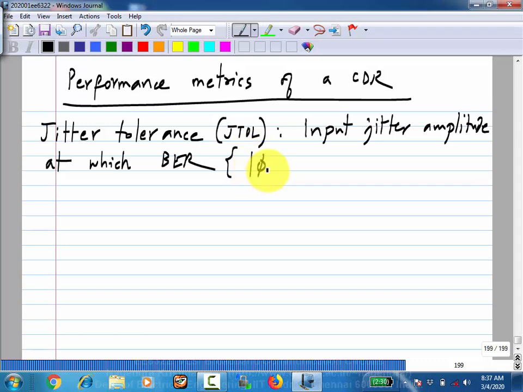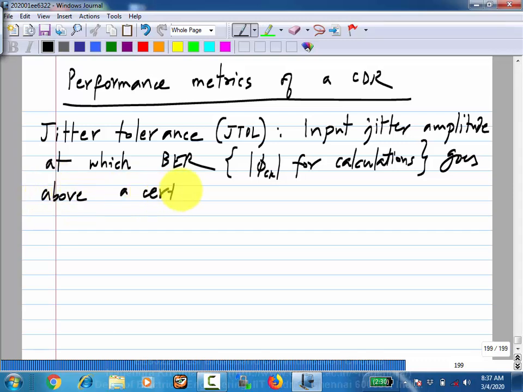We just take phi ck for calculations. Then there is this thing known as jitter transfer, JTRAN.